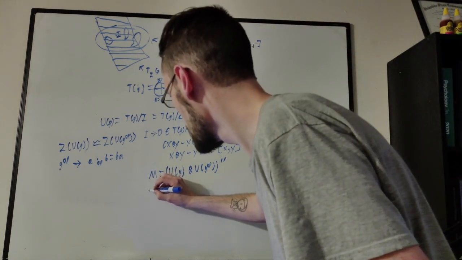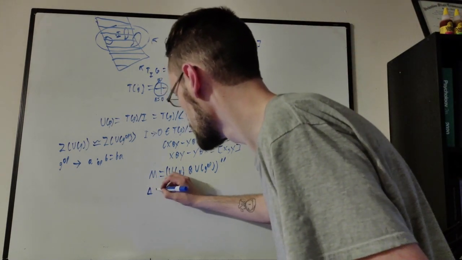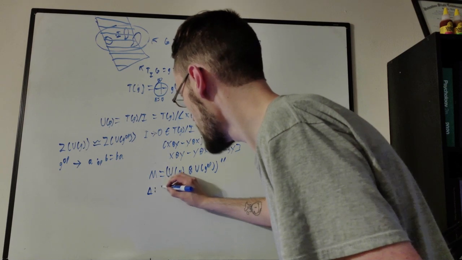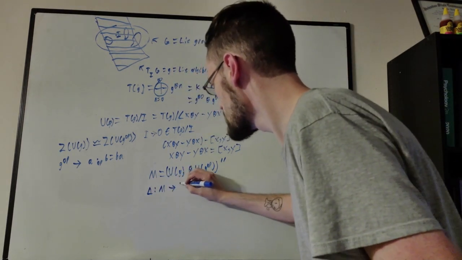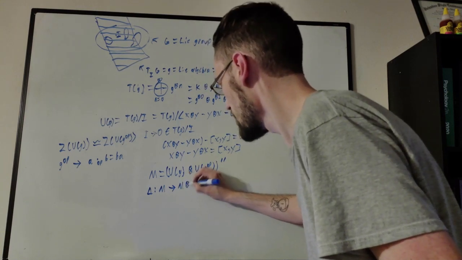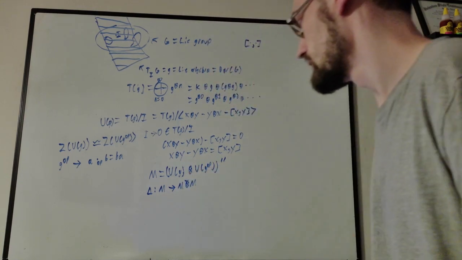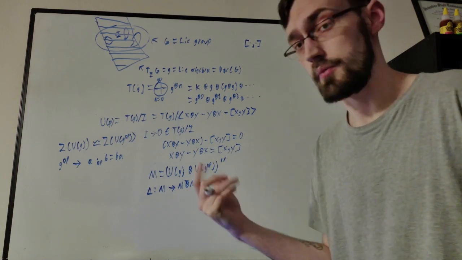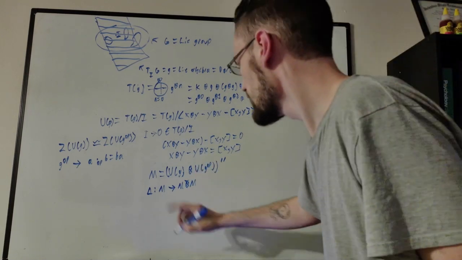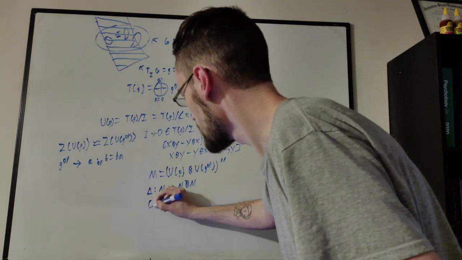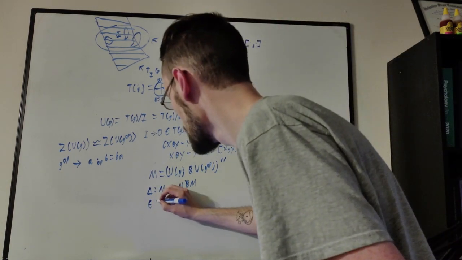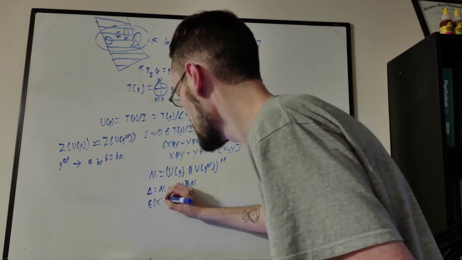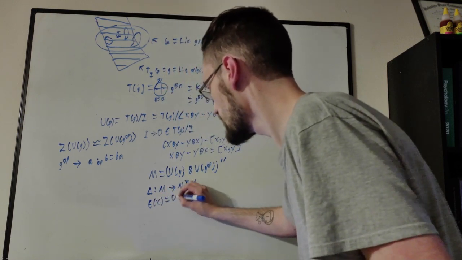We define what's called a coproduct, which maps us from the von Neumann algebra M in this case to a weak tensor product inside the von Neumann algebra. But then we also have what's called the counit, and if it acts on, let's say, an element x, it just gives us 0.